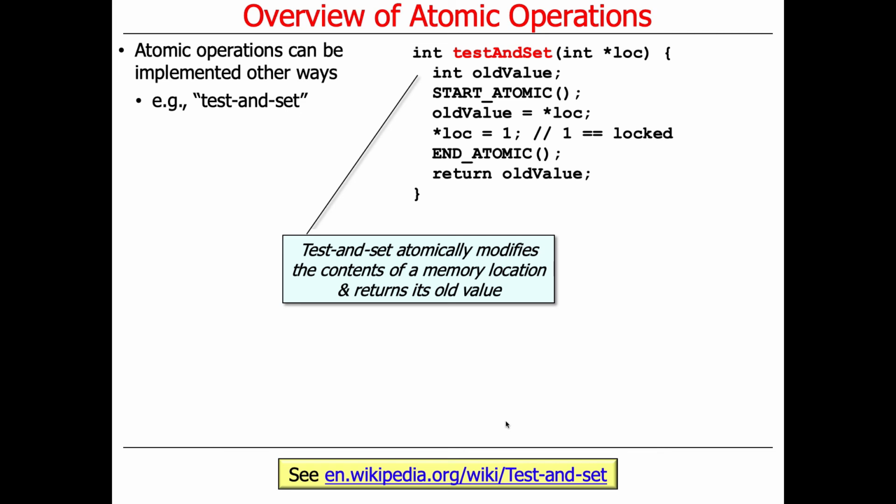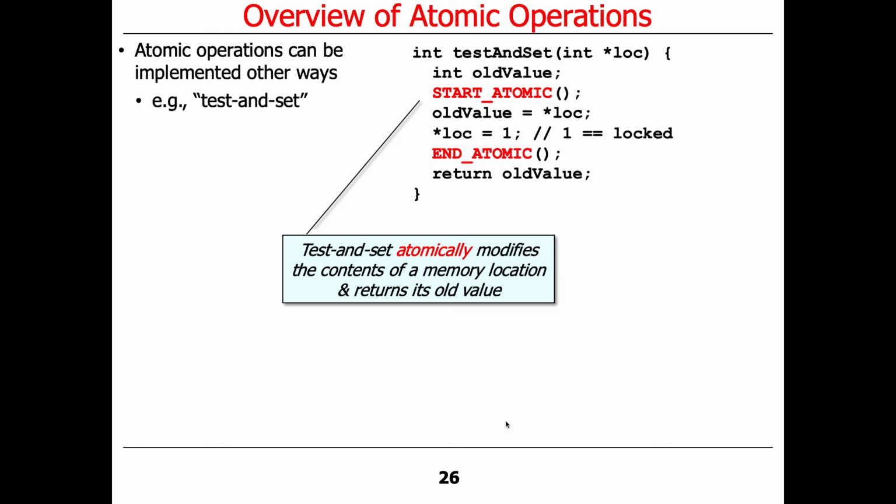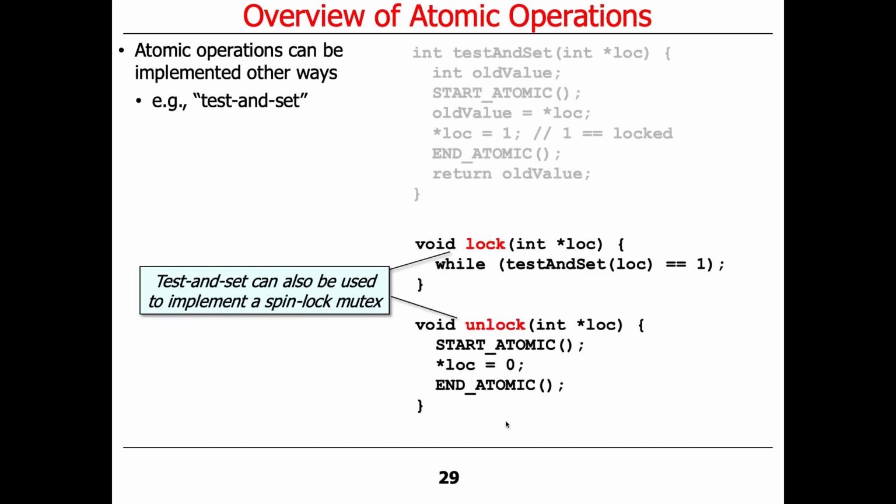So it's sort of like compare and swap, but it's limited to 0 and 1. So what happens here, we have an atomic region, and we store the old value, and we then set the value to 1, and then we return the old value, and if it had been 0, then we know that we acquired the lock. So same basic idea, just not as generalizable.